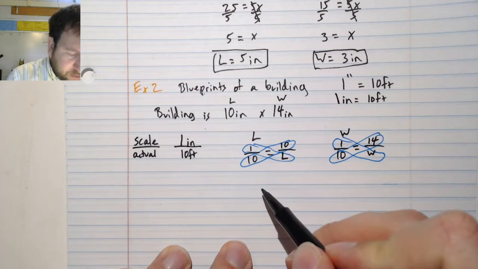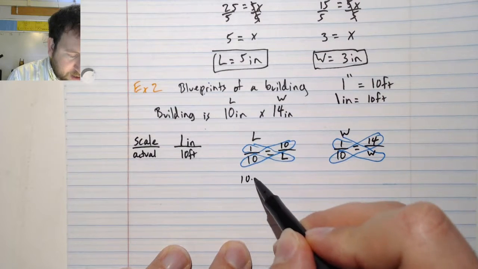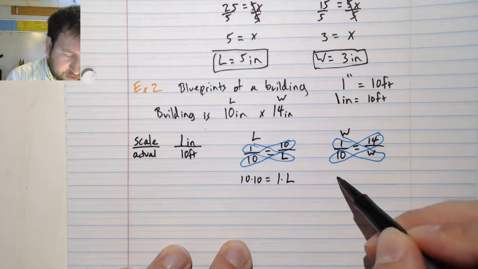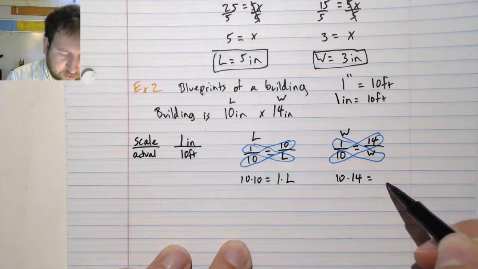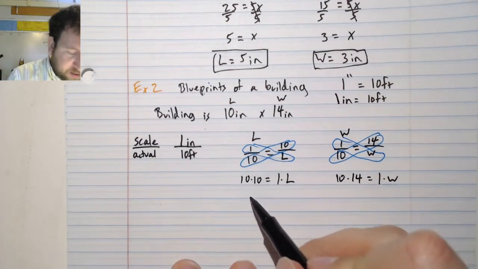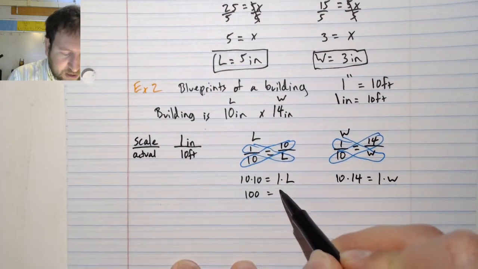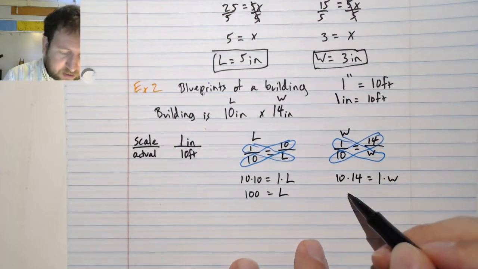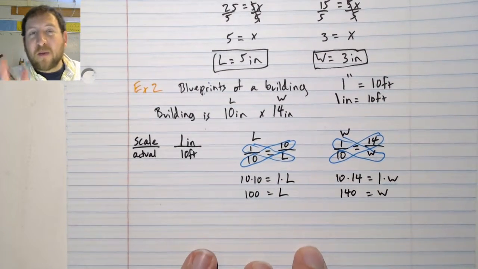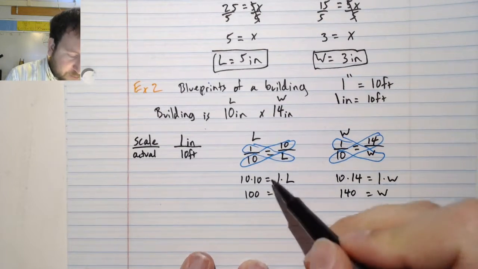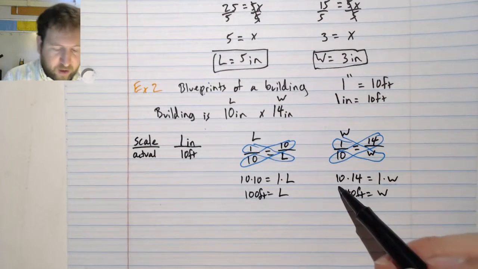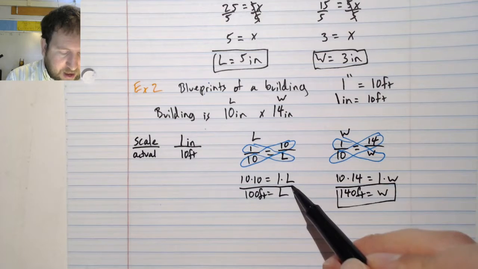So I have 10 times 10 equals 1 times L, and I have 10 times 14 equals 1 times W. Well, this looks pretty easy to solve. 10 times 10 is 100, and 1 times L is L. 10 times 14 is 140. 1 times W is W. I need to remember to put my units back in, and I ended up with feet. So this should be 100 feet, and this should be 140 feet, which will give me my answers.